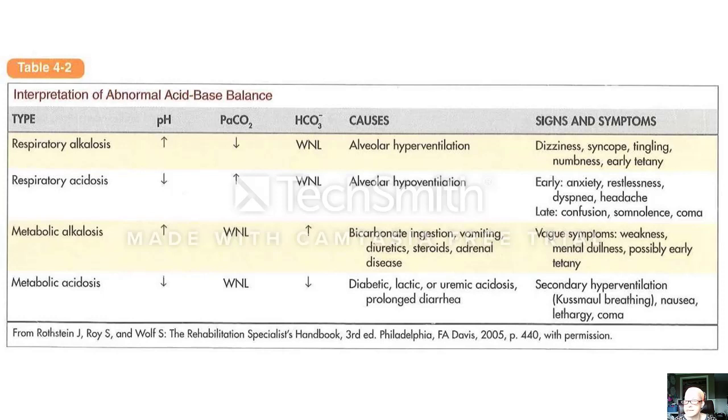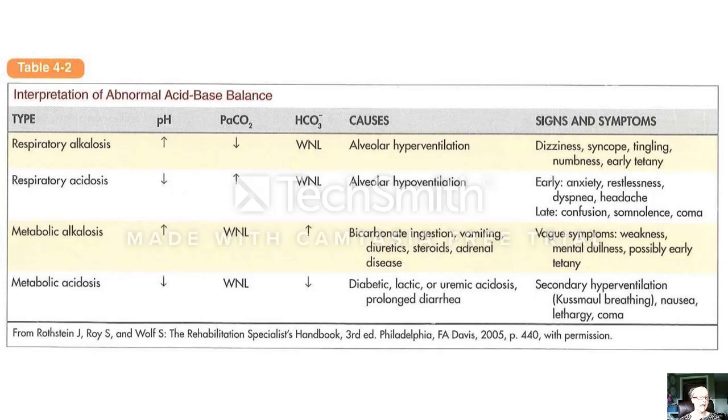Late signs and symptoms include confusion, somnolence, I don't know what that means, we'll look it up, and coma. With metabolic alkalosis, the causes can be bicarbonate ingestion, vomiting, diuretics, steroids, and adrenal disease. Vague symptoms include weakness, mental dullness, and possibly early tetany.